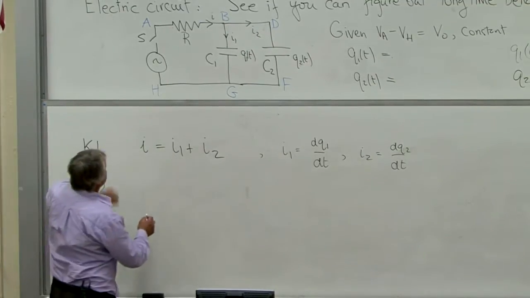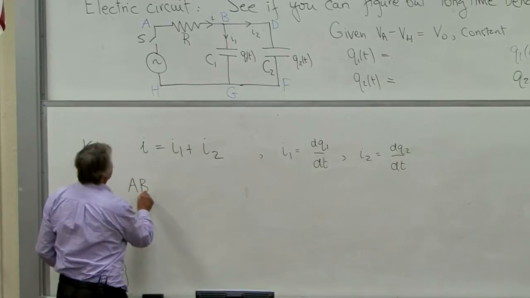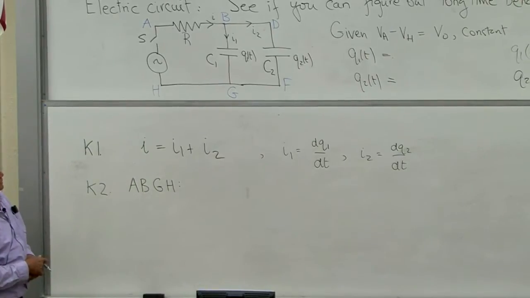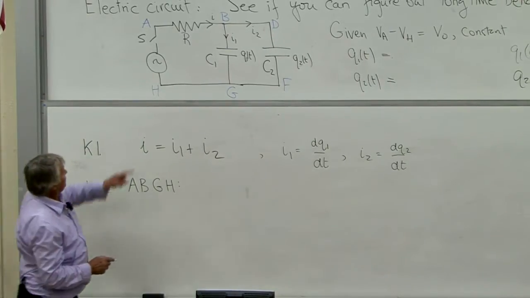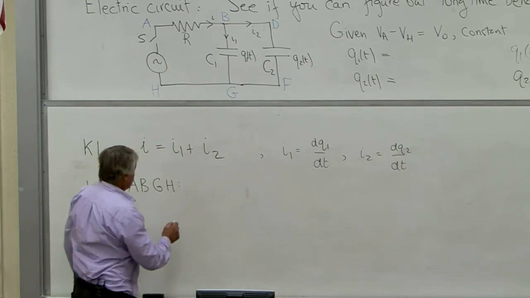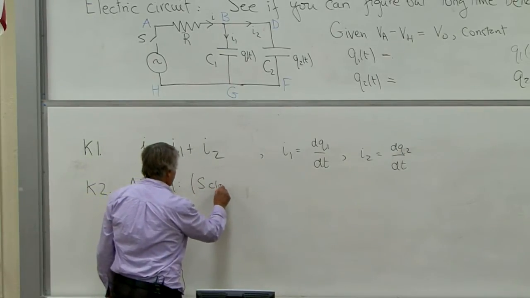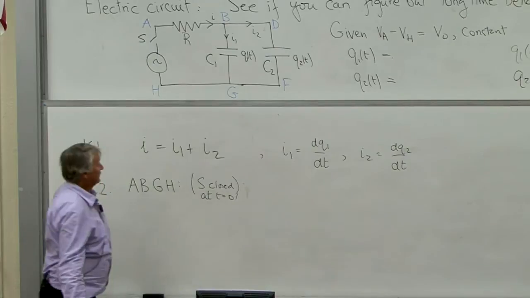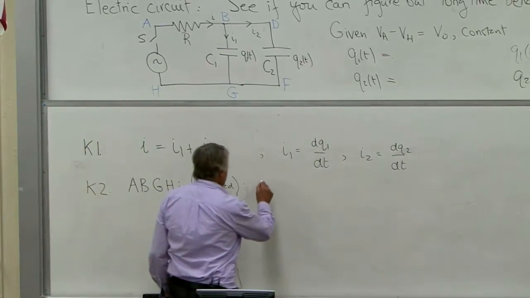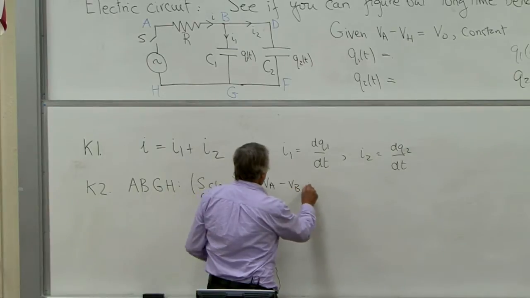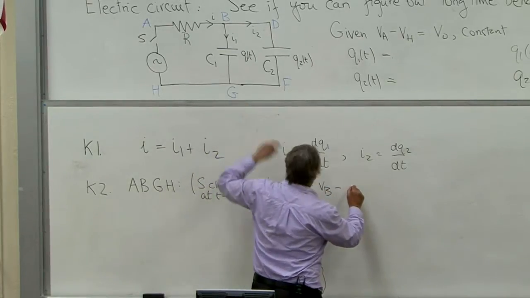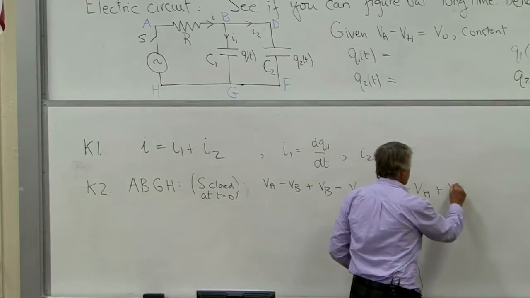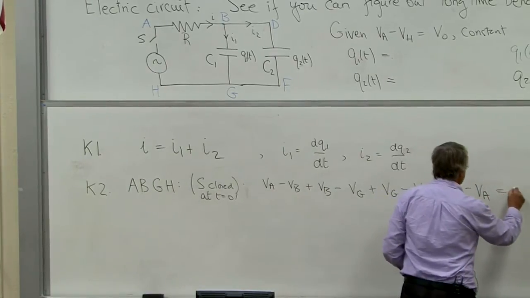So, let's choose the circuit A, B, G, H. Around A, B, G, H, when the switch is now closed at t equals 0, I'm going to have VA minus VB plus VB minus VG plus VG minus VH plus VH minus VA equals 0.